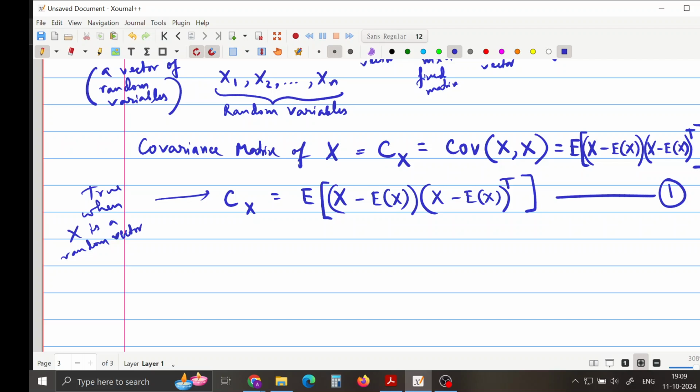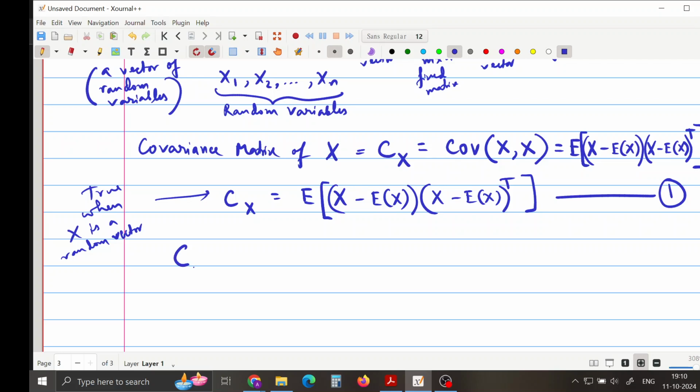But if x was a random variable, this transpose would be absent. Let me label this as equation 1, and now let us try to prove what we are asked to prove.